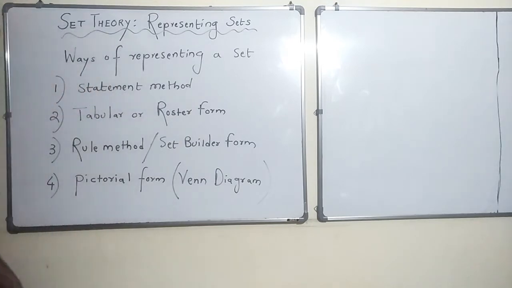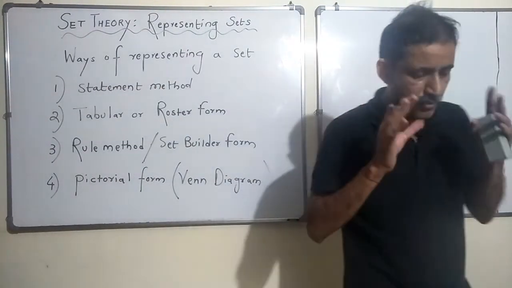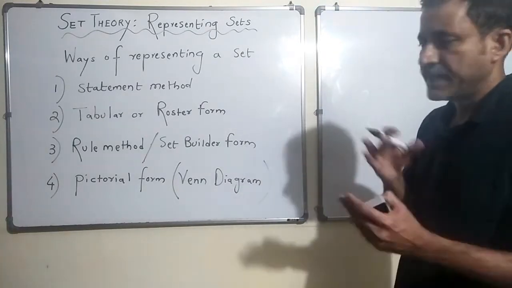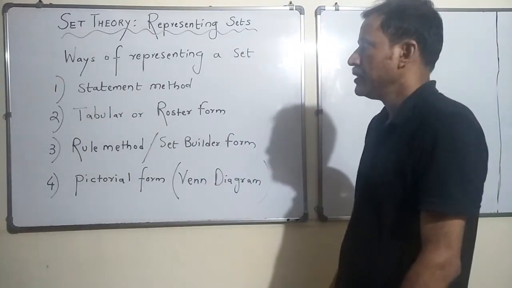All right, so these are the four ways that you would study or you would encounter in your textbooks till class 9 or class 10. Okay, so these are the four ways.